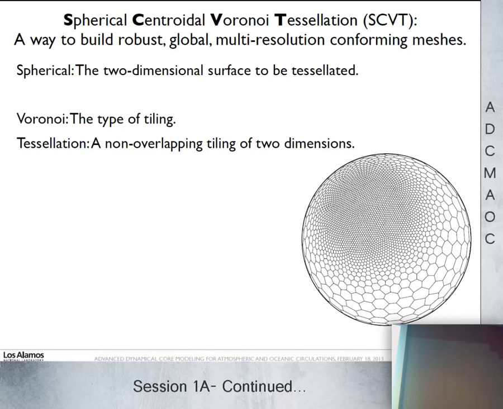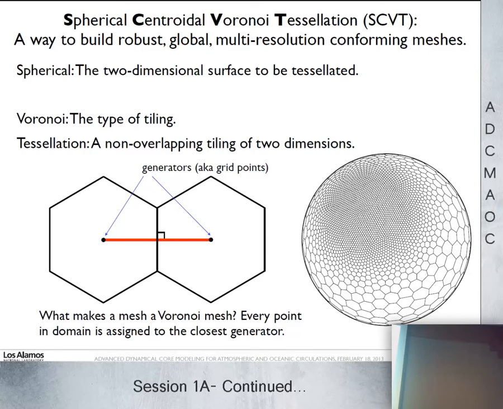Okay, now something that might be new. Voronoi is a very special kind of tiling. It's quite beautiful, and it's quite intuitive. So think of having some surface, and on that surface, put some grid points. So now you have a surface, and you have some dots. You just lay them out arbitrarily.